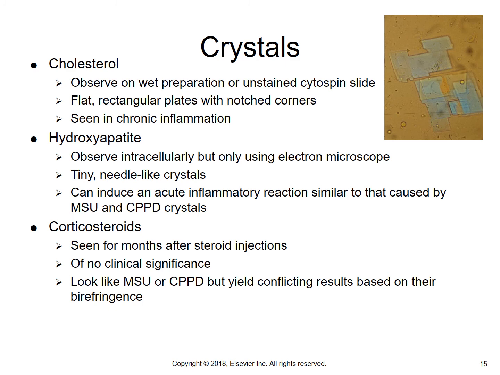They are tiny and needle-like, but not birefringent, and they can induce an inflammatory reaction. Corticosteroids are another type of crystal you might see, but with a full patient history, you can identify those as induced by steroid injections, and they're of no clinical significance because they're used to alleviate the problems of certain arthritic conditions.